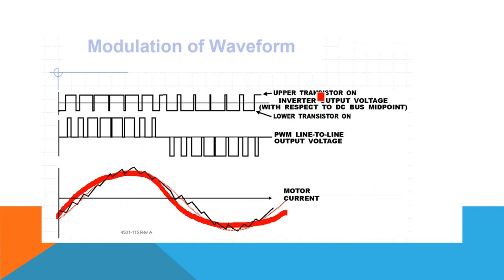Different transistors will be on, as we have shown in the previous picture. Upper transistor may be on, and for the negative wave, the lower transistor. We are just telling two different transistors, two different IGBTs will be controlling the positive direction current and negative direction current. By continuously switching on and off the IGBTs, the motor will effectively get a sine wave.